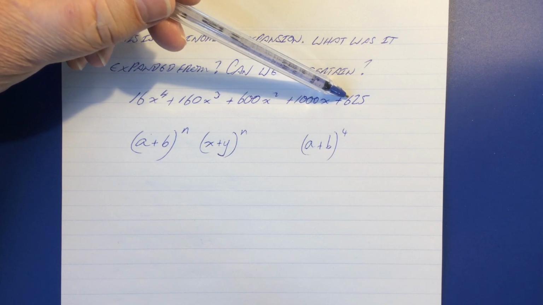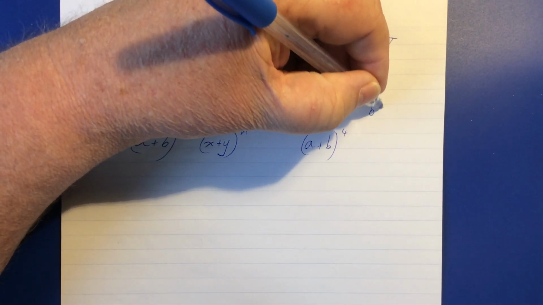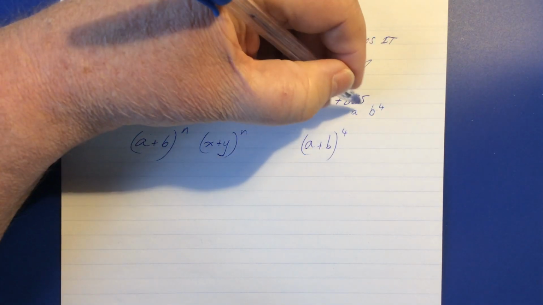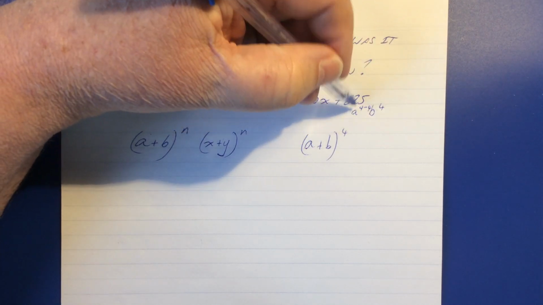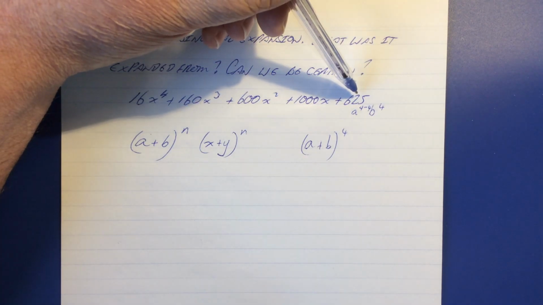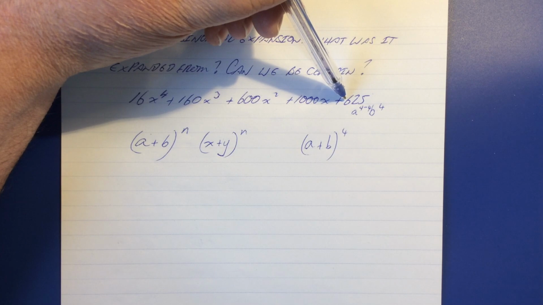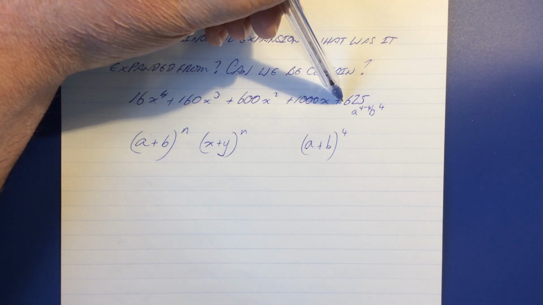I'd look at the fourth root of this number, because this is b to the 4, and a to the 4 minus 4 is a to the 0. It seems that there may not be a coefficient other than 1 here. So that's what I'm bargaining on.